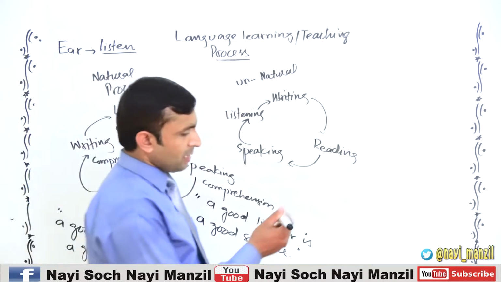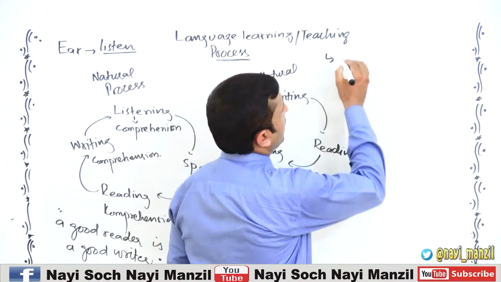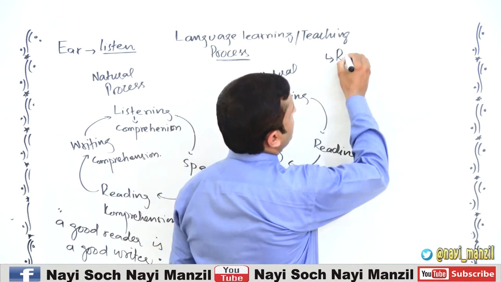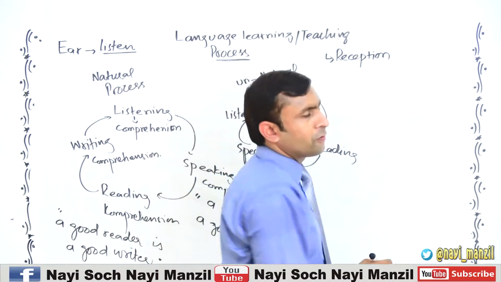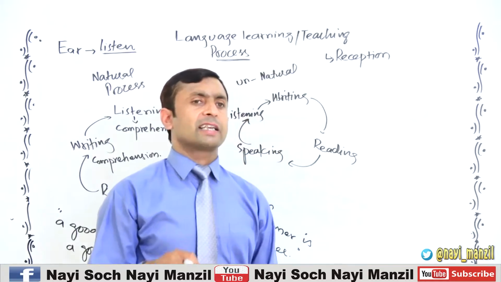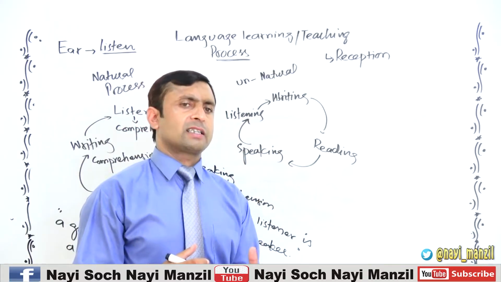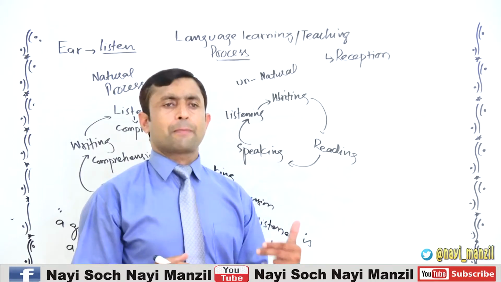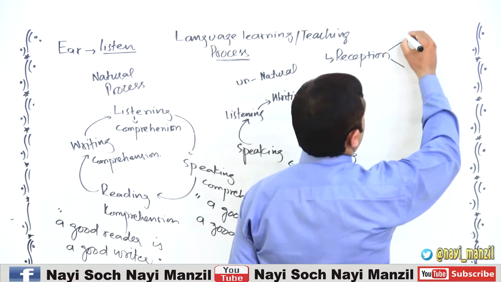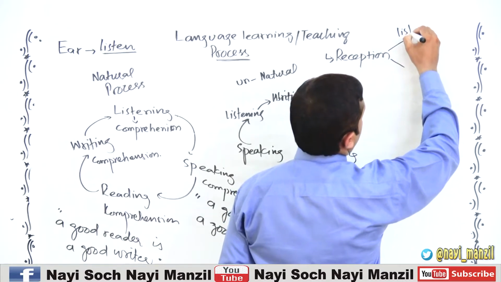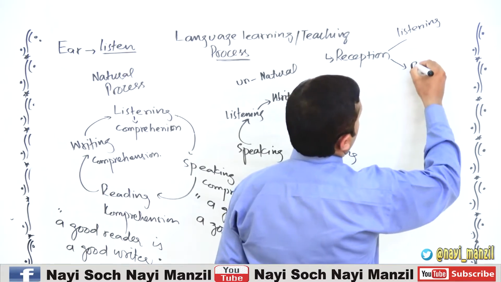Now, when we talk about language learning, there are two processes. First of all, in the language learning and teaching process, there should be reception. And this reception involves two phases. First one, listening. While listening, we receive something, and reading.